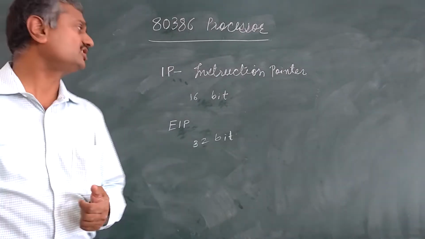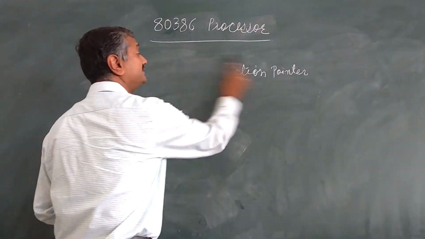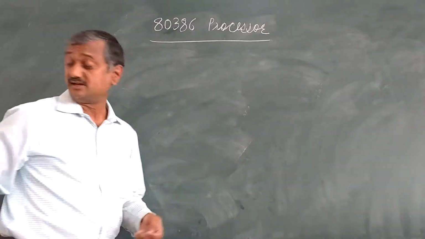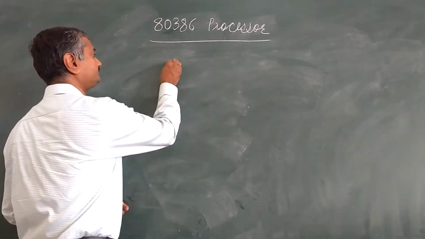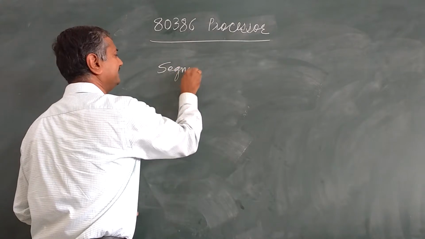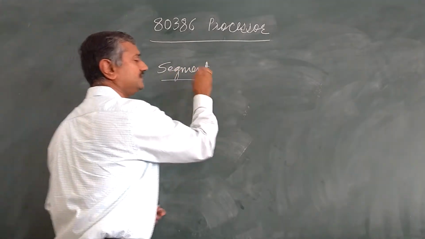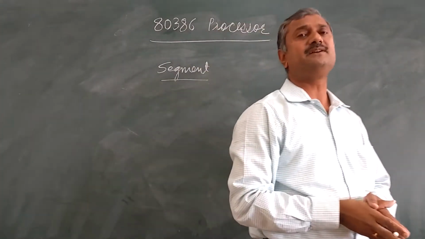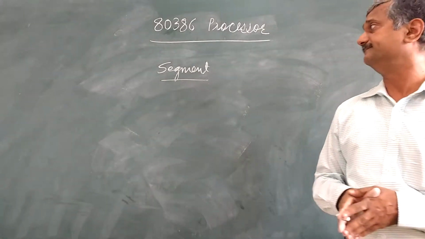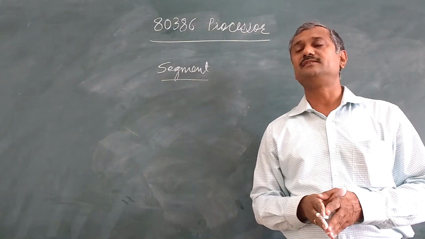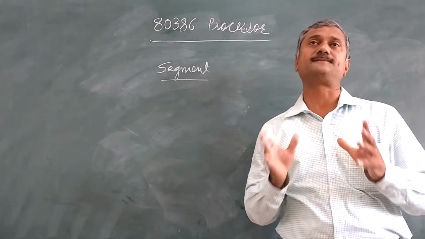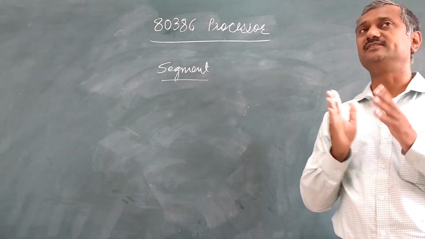The next section of the registers is the segment group. Let us understand briefly what a segment is. Segments are nothing but partitions of the memory solely for partitioning the functionality.